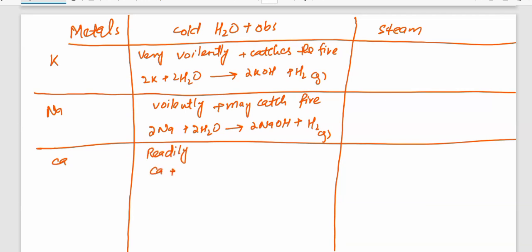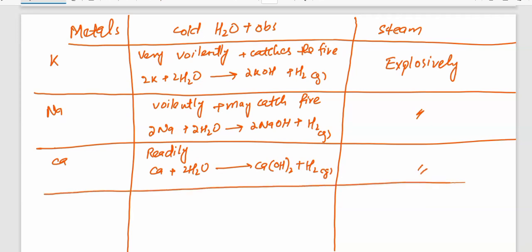Calcium reacts with 2H2O to give Ca(OH)2 plus H2. But with steam it reacts explosively. Explosively means there is a blast. Here also the same happens, and here also the same happens. Okay, explosively in this case.